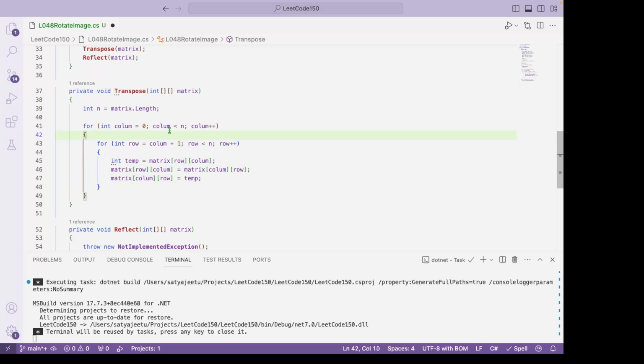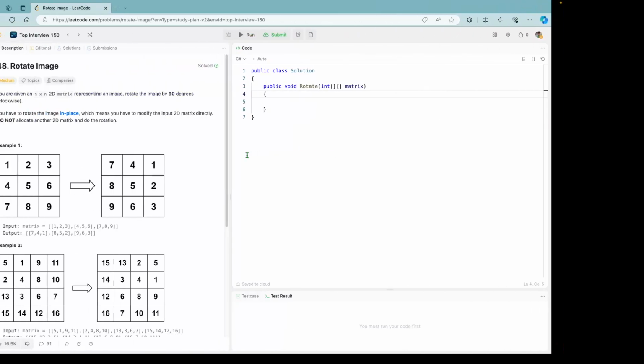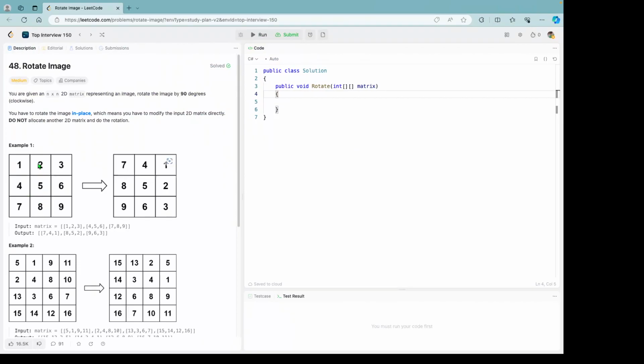So what we are fundamentally doing is taking the first row. We take the first element and swap it with this one. Then we take the third element of this row and swap it with this. Then we go to the next row.